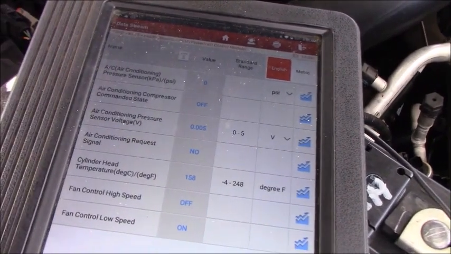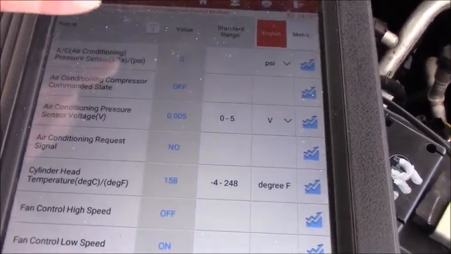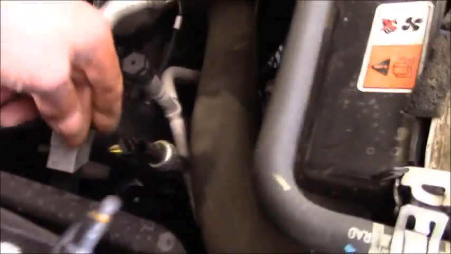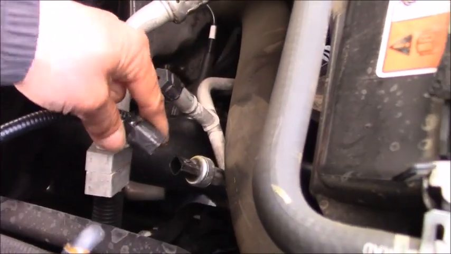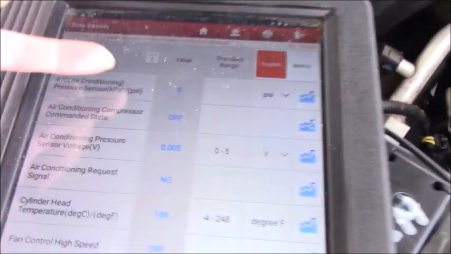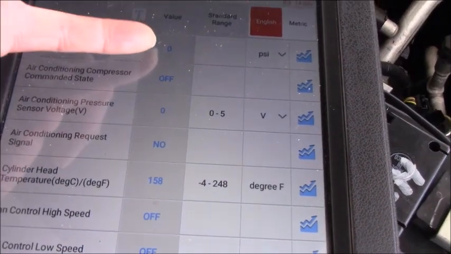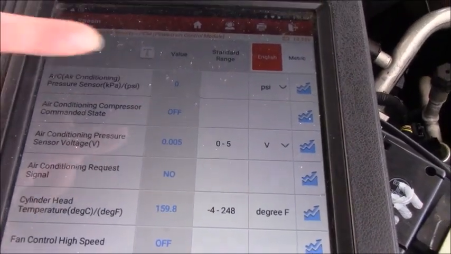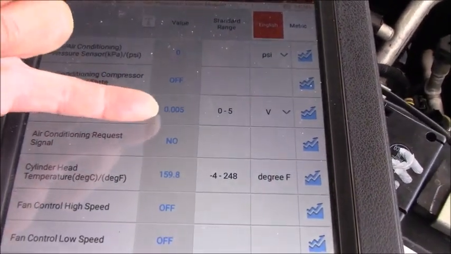Okay, got it, guys. When I disconnect the connector, as you can see, the PSI dropped to 0 PSI and the voltage dropped to 0 volts.